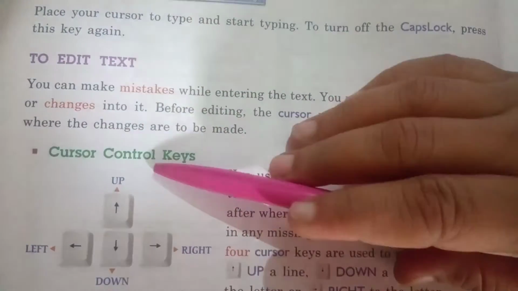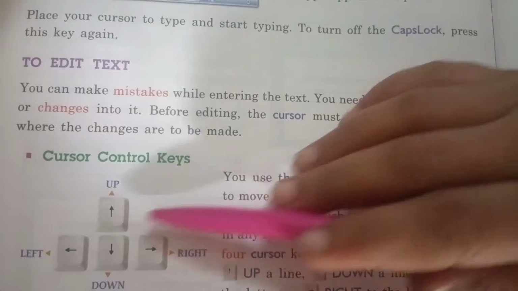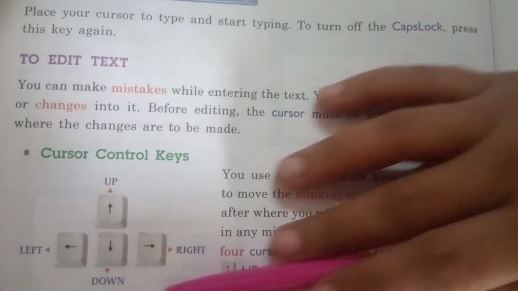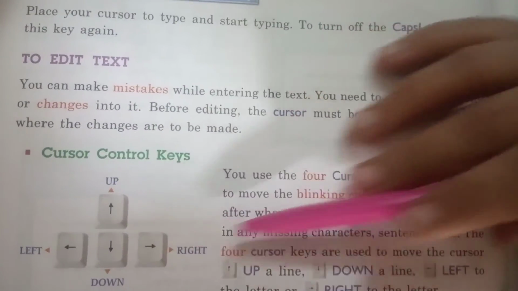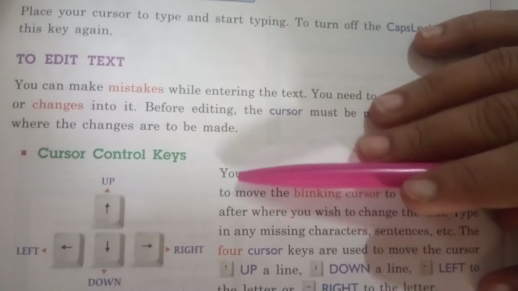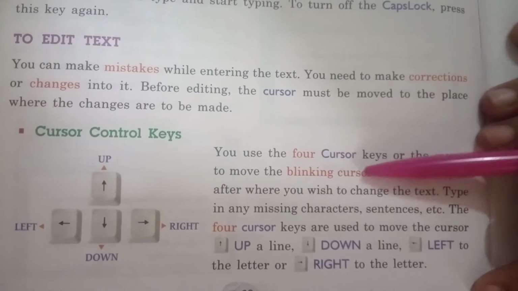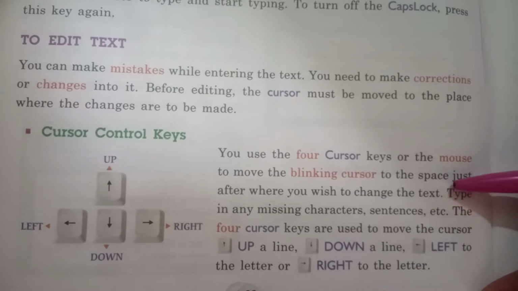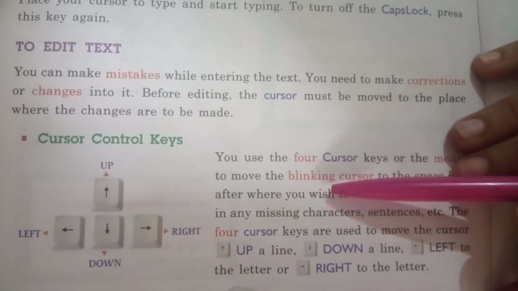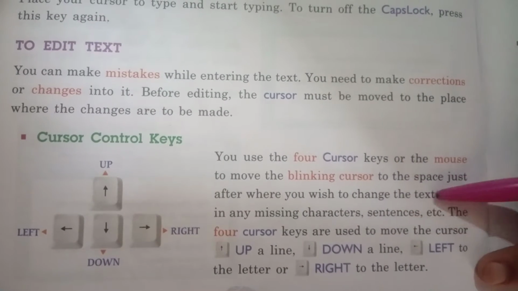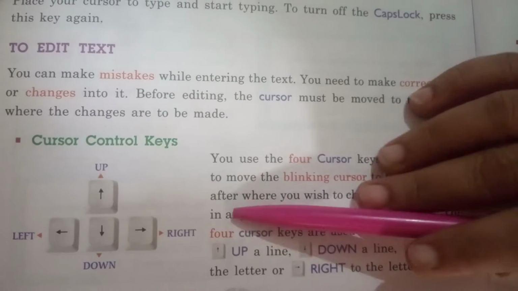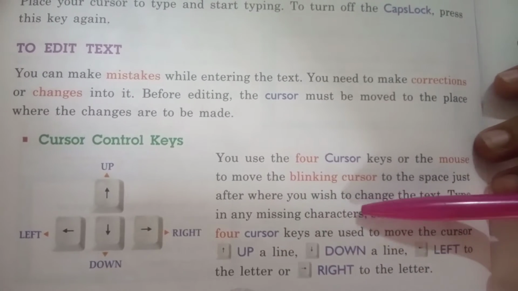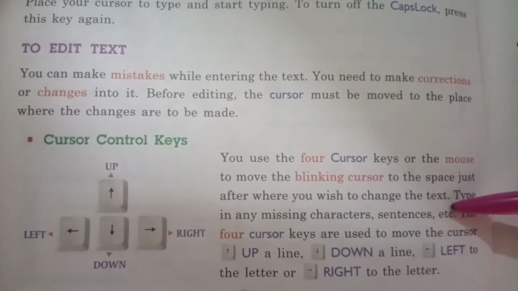Now, cursor control keys. You can see these arrow keys. These are called cursor control keys. You use the 4 cursor keys or the mouse to move the blinking cursor to the space just after where you wish to change the text.